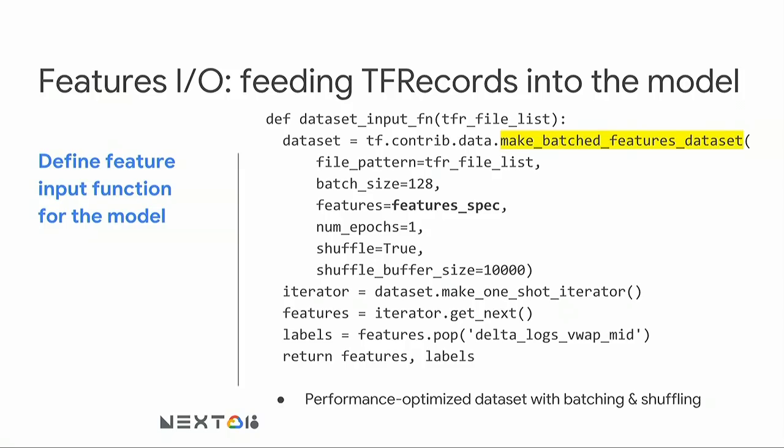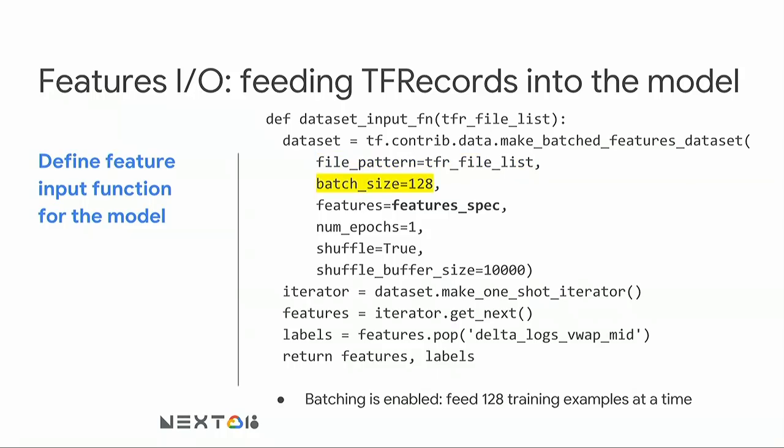So where previously you would make several function calls, here you can just use this function. So let's look at the parameters here. The file pattern specifies the list of TFRecord files that you have generated previously. So for example, you can have separate TFRecord files for market data from distinct trading days.